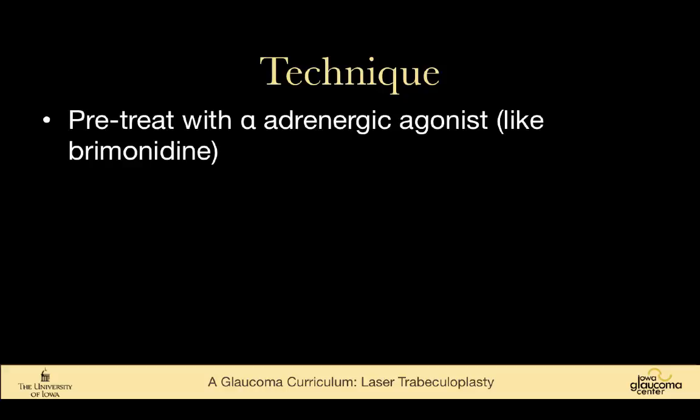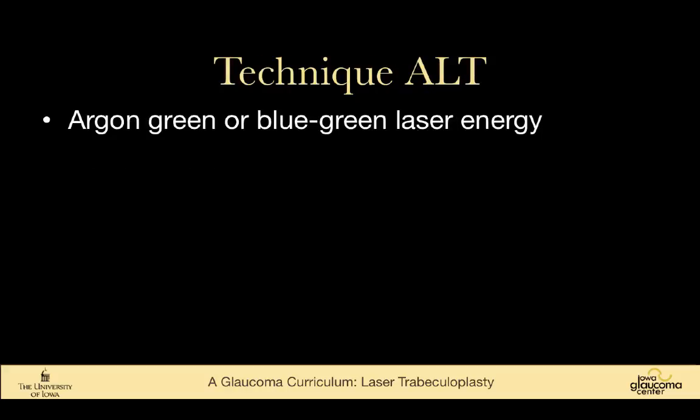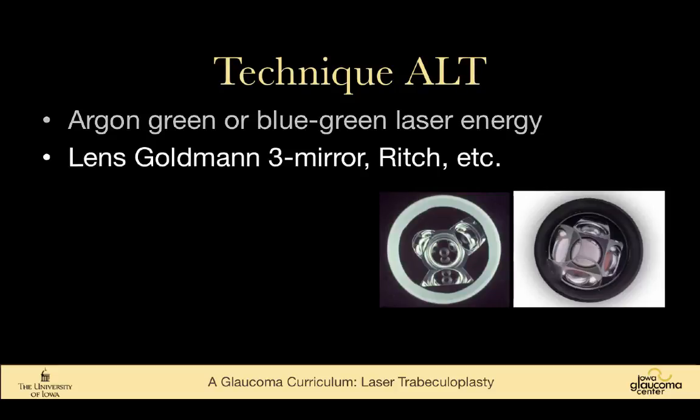We usually pre-treat with an alpha-adrenergic agonist like apraclonidine or brimonidine, but brimonidine is a lot more available these days. The argon laser trabeculoplasty is either green or blue-green, delivered through a lens, a Goldmann style contact lens. The Ritch lens has magnifying buttons on it, and that can also be used for trabeculoplasty.